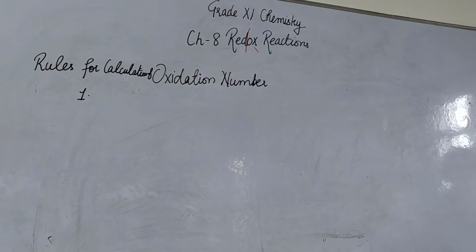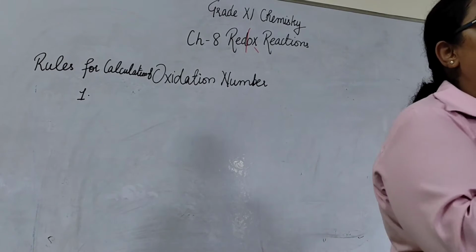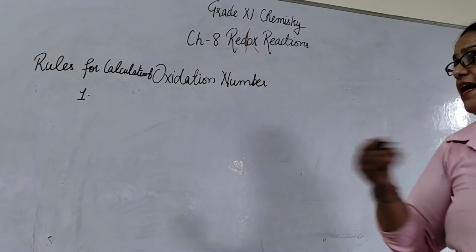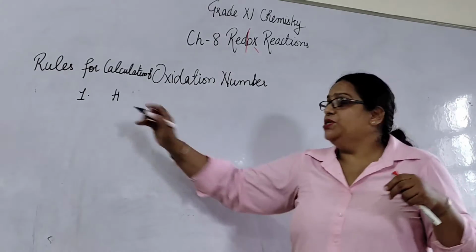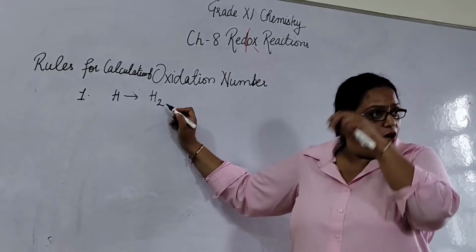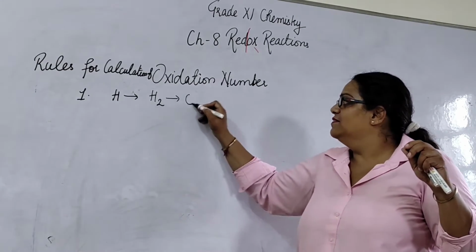First, the oxidation number of atoms of different elements in their native state is always 0. Native state means the state in which they exist in nature. For example, hydrogen occurs in nature in the form of H2, so the oxidation number for hydrogen gas is 0.